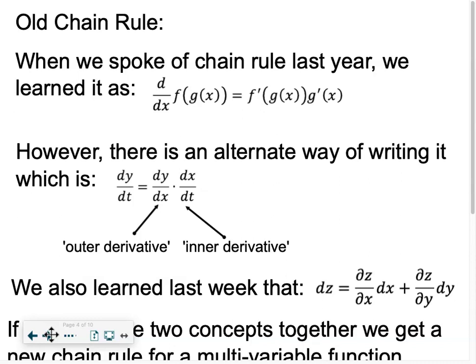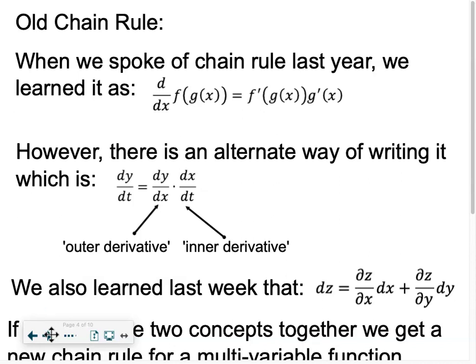And so you do dy/dx, outer derivative, times dx/dt, inner derivative. So what you end up with, and you kind of think about it like the dx's cancel. This is what I was talking about when I was leading you into related rates using an alternate method. So anyway, this and this are actually equivalent. They're just written in a different way.